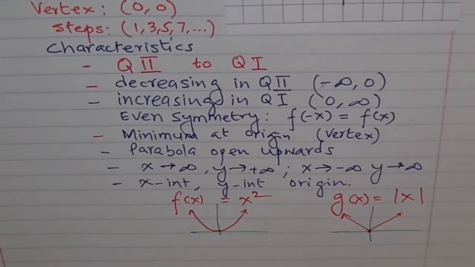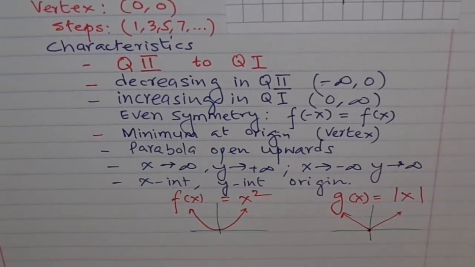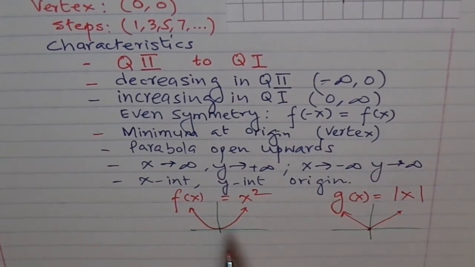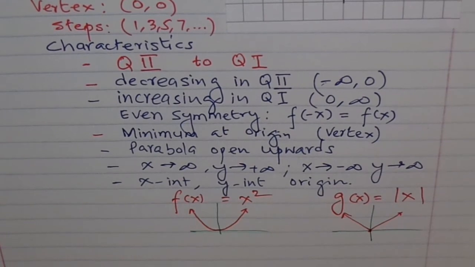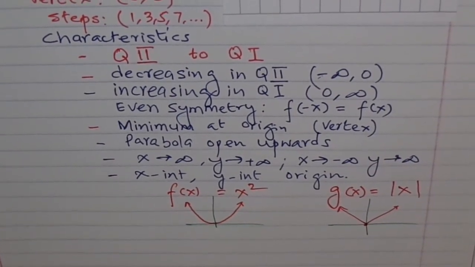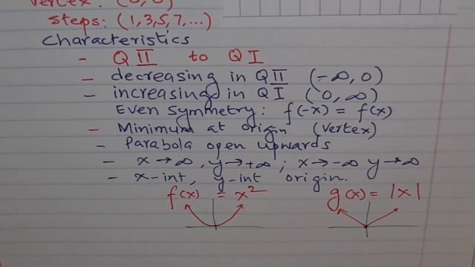Do you see that? They are very similar. In most of the characteristics you've seen, they are very similar. The question for you is to find differences between the two. Can you name 3 differences between the parent function x squared and the parent function absolute x? Well, that's an exercise for you.